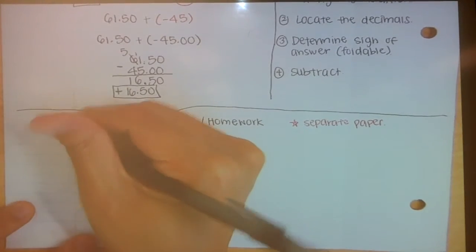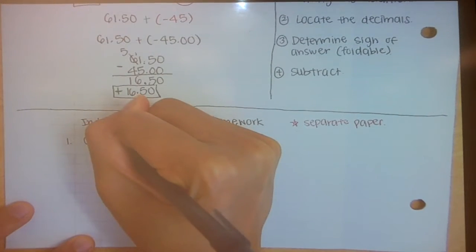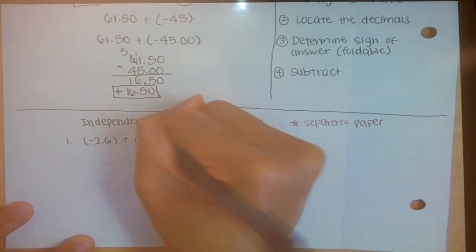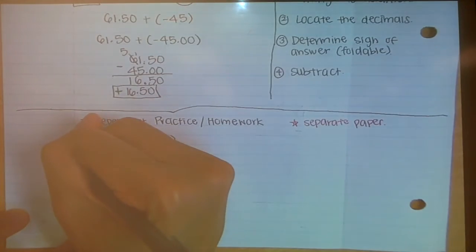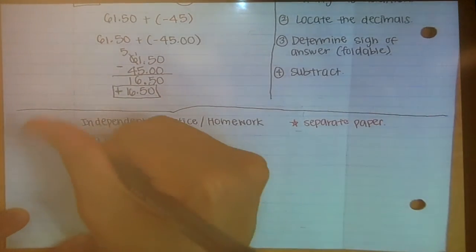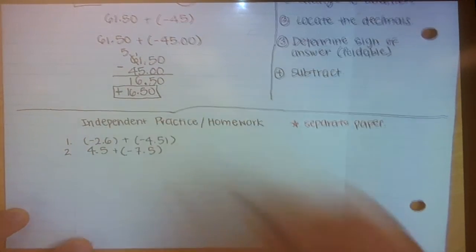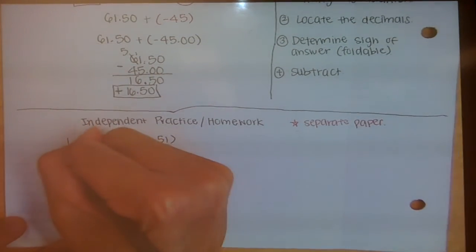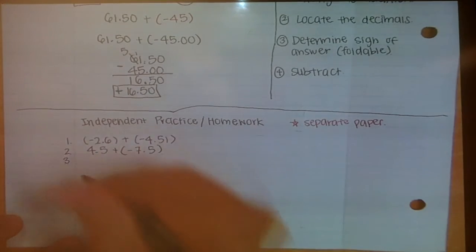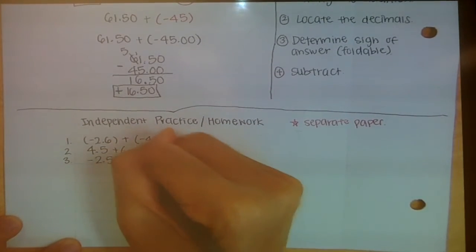Number 1, write this down on your notes. Negative 2.6 plus negative 4.51. Number 2, 4.5 plus negative 7.5. Number 3, negative 2.55 plus 6.